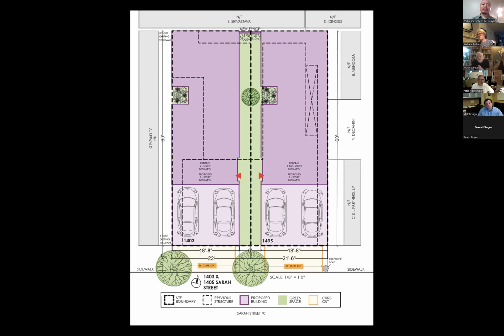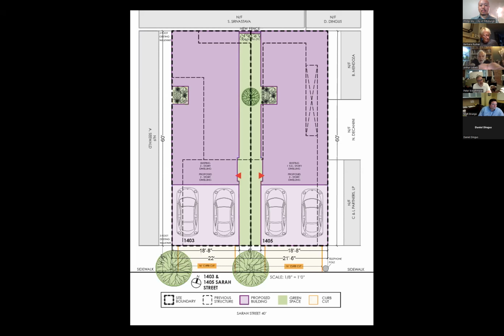The variances that we have to ask for are on 1405, which has very small lines between the end of the building and the property line. Can everybody see the drawing that we have up now? The dash line here, that's 1403.